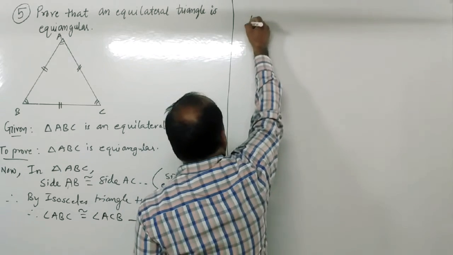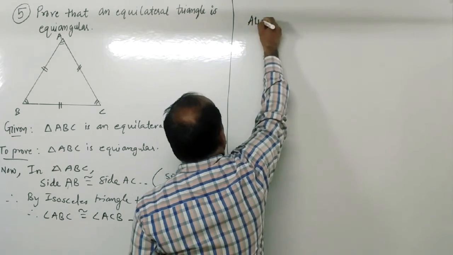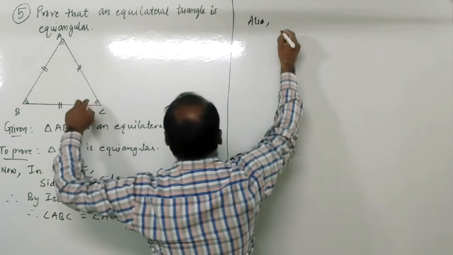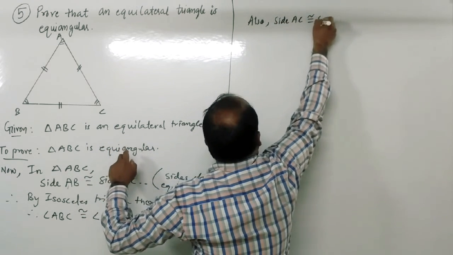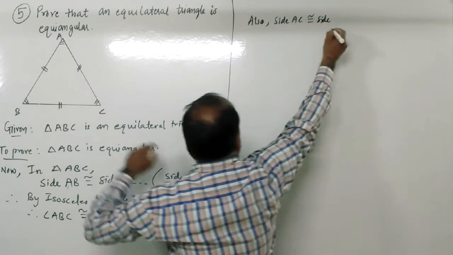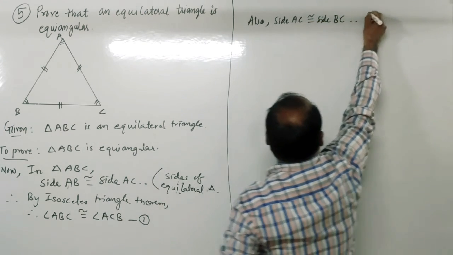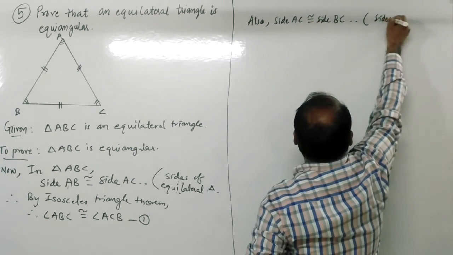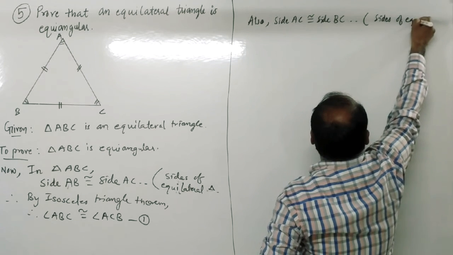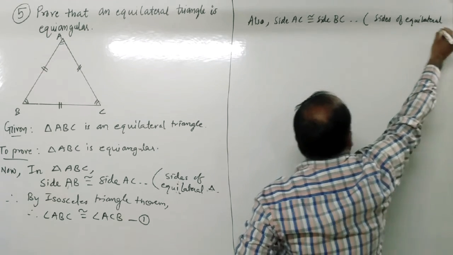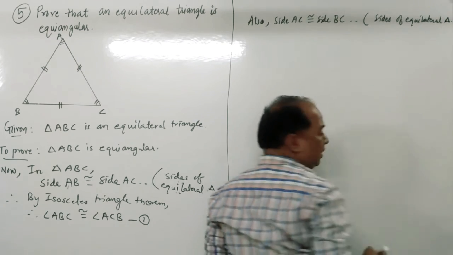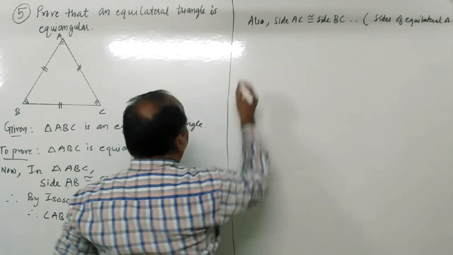Also, side AC is congruent to side BC. Sides of an equilateral triangle are equal.